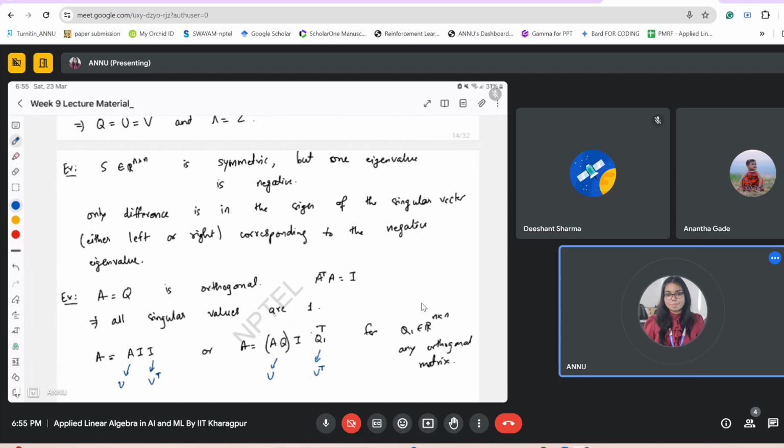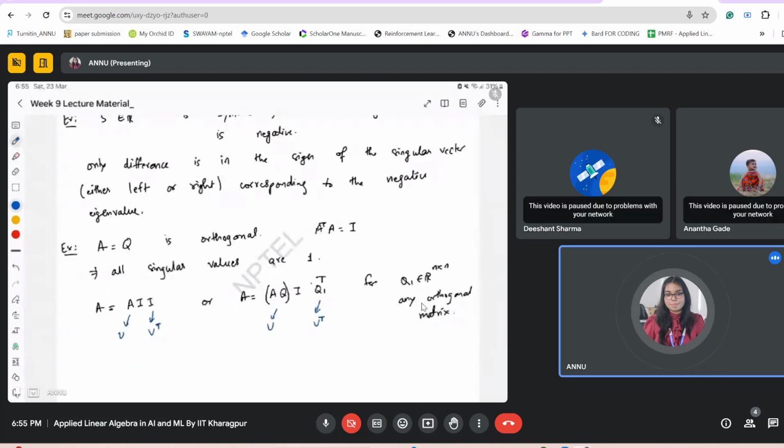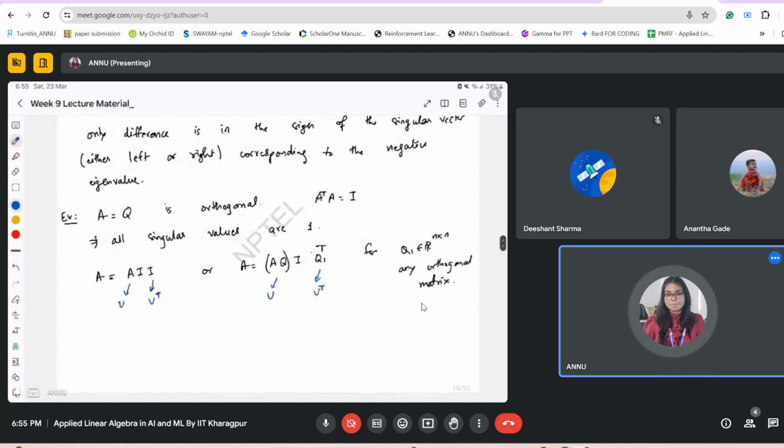So moving ahead, if Q is an orthogonal matrix, then Q transpose Q is equal to I, and all the singular values are 1. One more thing, as we know, for an orthonormal or orthogonal matrix the eigenvalues will always be either +1 or -1.